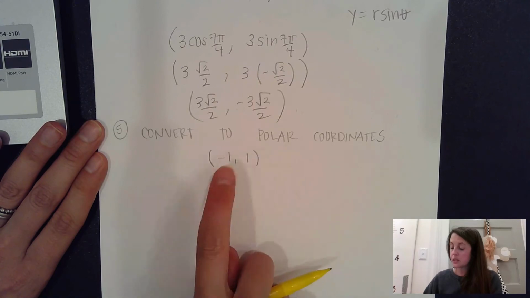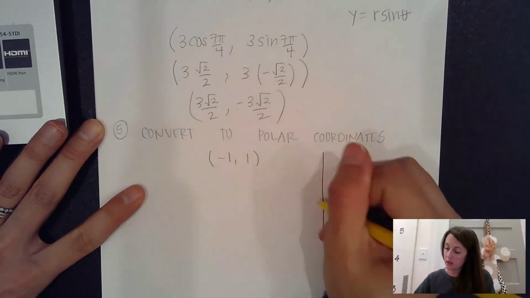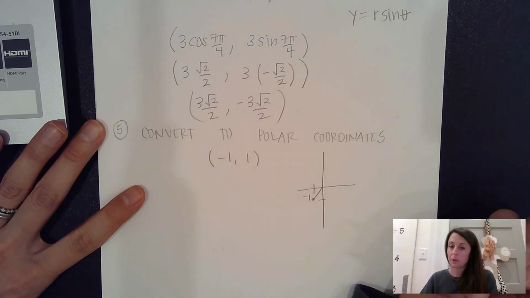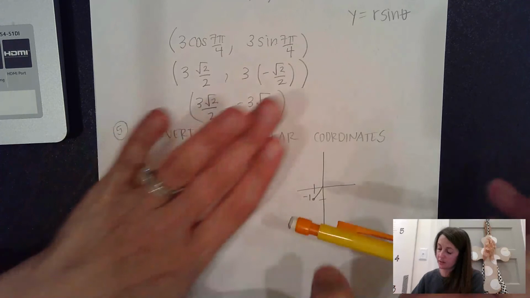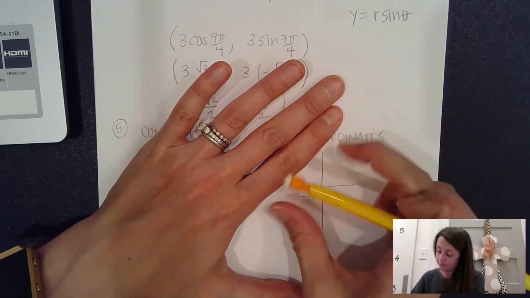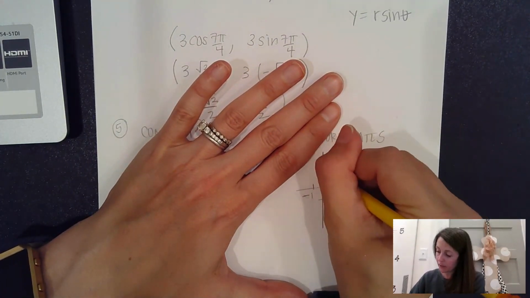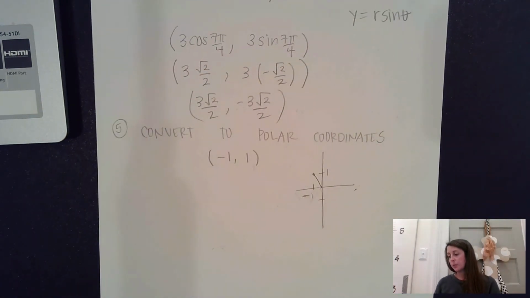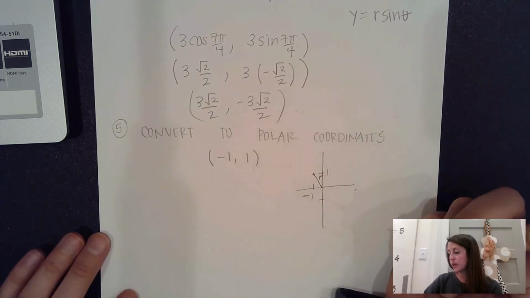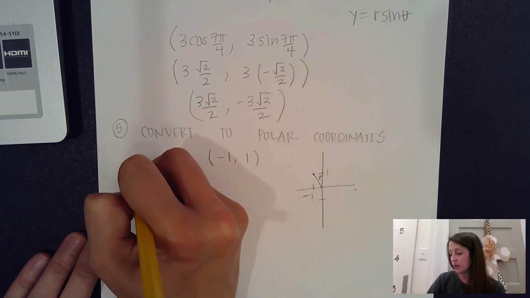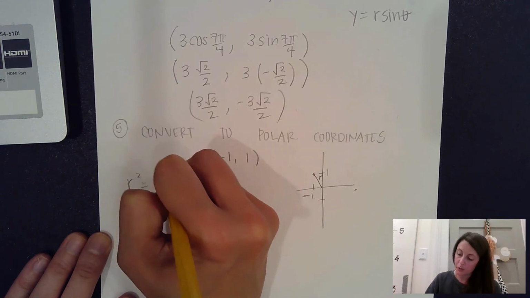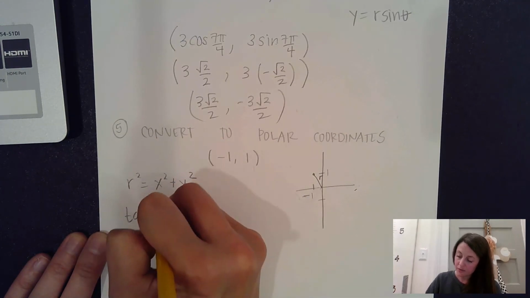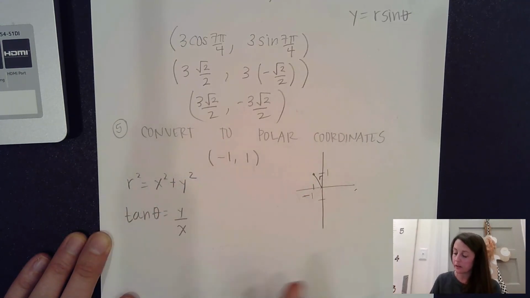Convert to polar coordinates here. So I've got a -1 and a 1. So -1 and a 1 here. So I want to find the, whoops, that's definitely not right. -1 and a +1. Wrong quadrant there. So if I wanted to find the polar coordinates, we need to find our r value here. So the r value, remember, r squared is going to be equal to x squared plus y squared. And then the theta value will be tangent of theta is going to be y over x, like that.